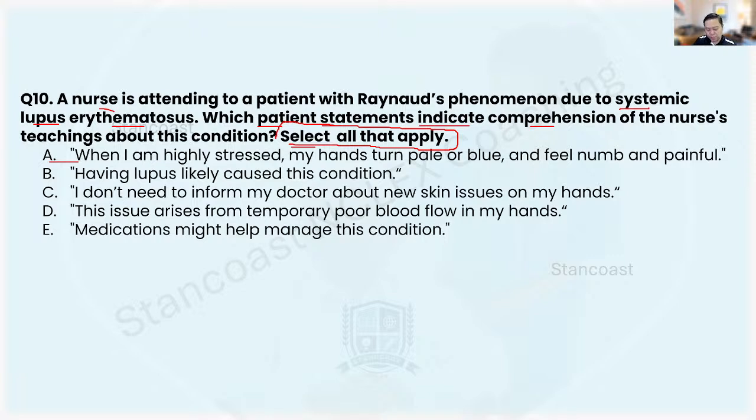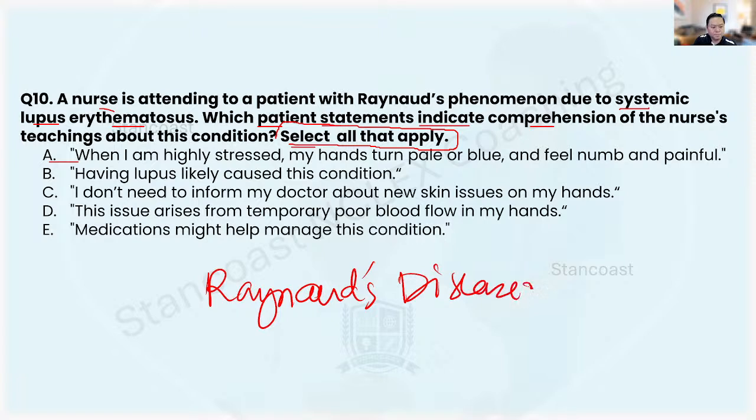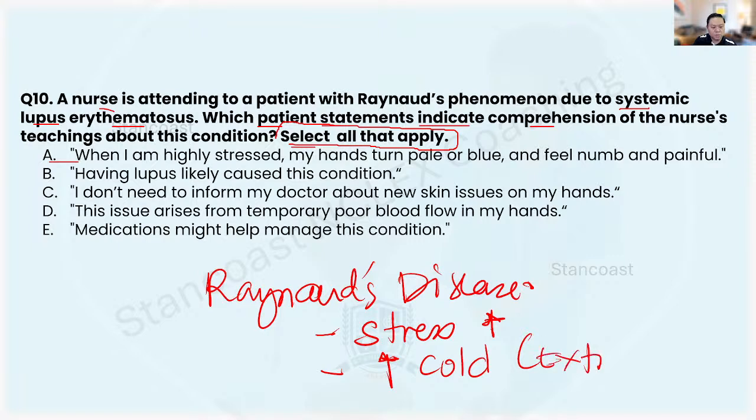Remember about the triggering factor about the Raynaud's phenomenon? So remember about the stress that could precipitate that, or what? Cold. Extremes in cold temperature. This can lead to the vasoconstriction.